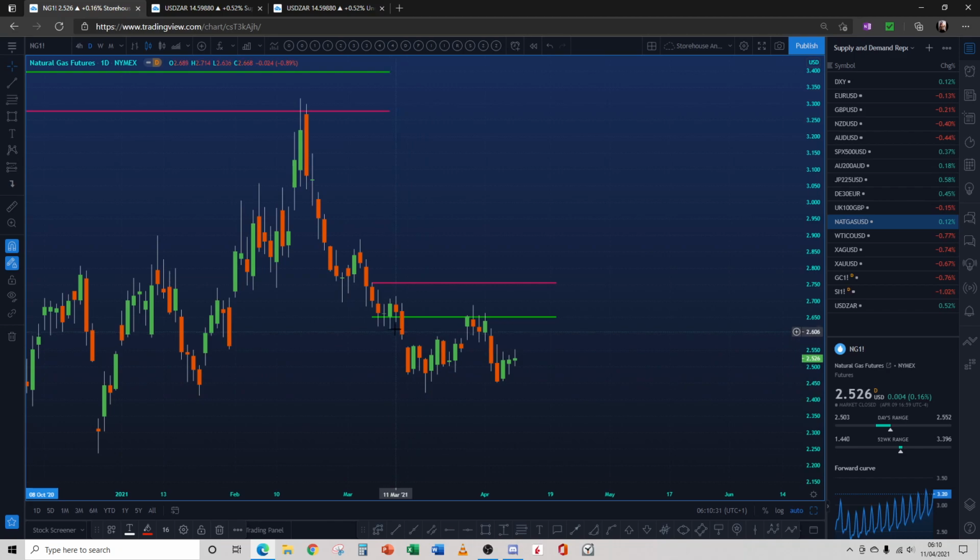Remember, we also talked about distance moved away from the zone before it returned to it. Well, that's measured here. Now, just for those of you who may not be aware, TradingView has got this Fibonacci measuring tool that is really, really useful in terms of measurements, putting in zones, and you can customize it as much as you want.